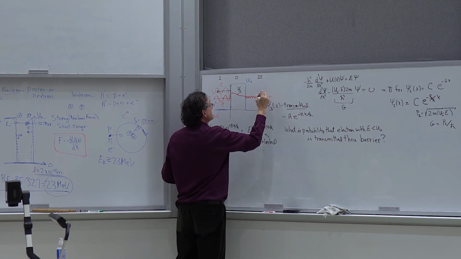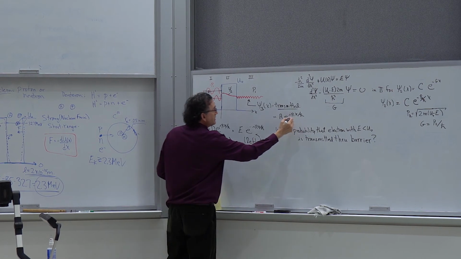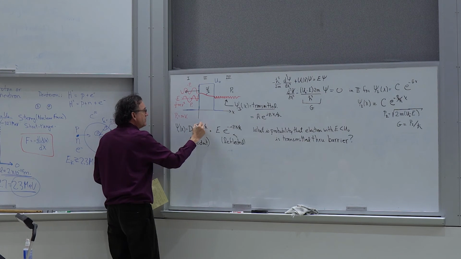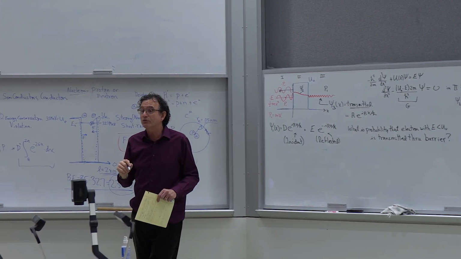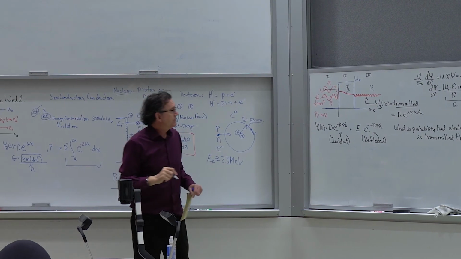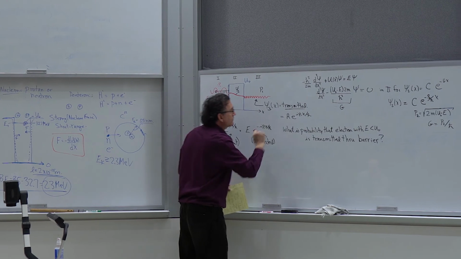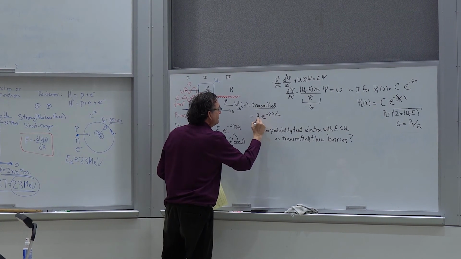So the momentum is the same on this side as it is on this side. Notice I have momentum P1 for the momentum of the transmitted wave. It's the same as the momentum P1 of the incident wave. What's different is how many get through. Right? So it might be that for every 100 electrons that come in here, only one of them gets through, and that's reflected in this quantity A, this amplitude.